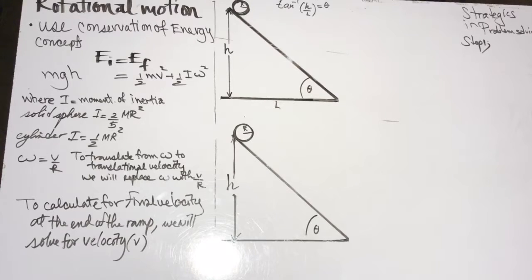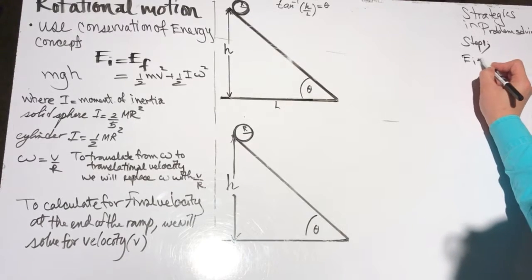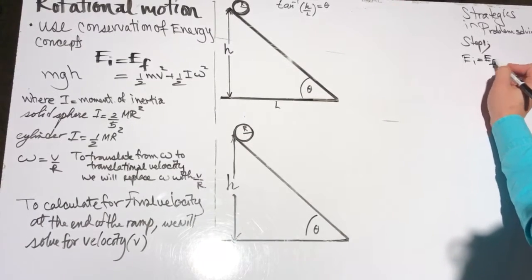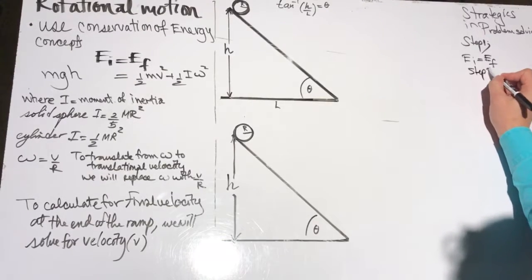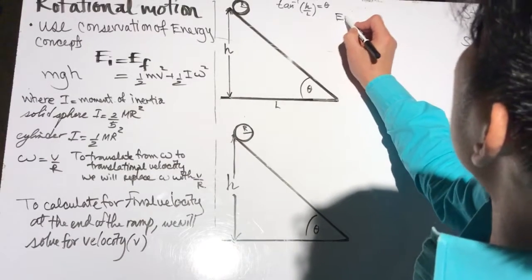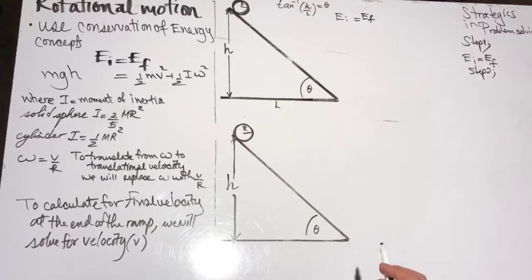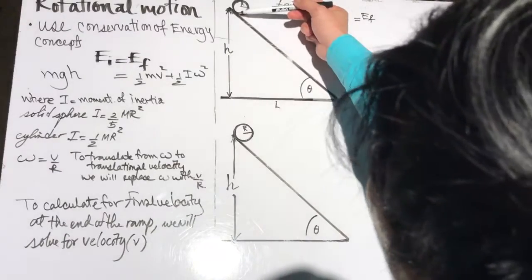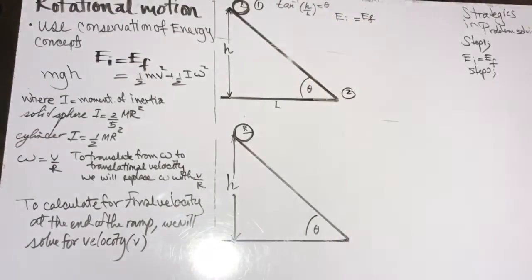So step one, I'm just going to say write out the formula, E_i equal to E_f. And step two, let's go ahead and write it down. E_i equal to E_f. So we're going to have to determine what types of energy are involved at position 1 and position 2.